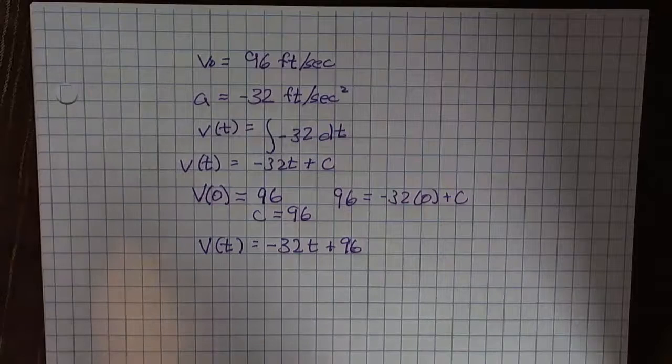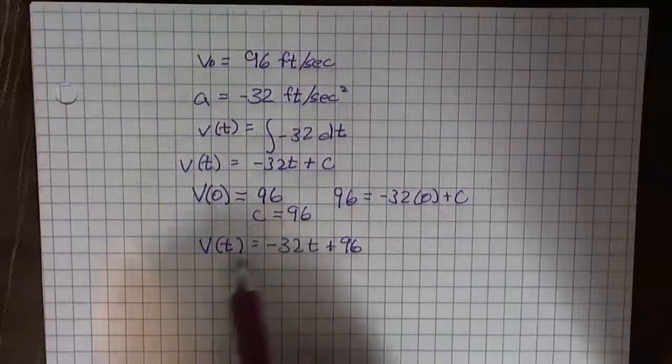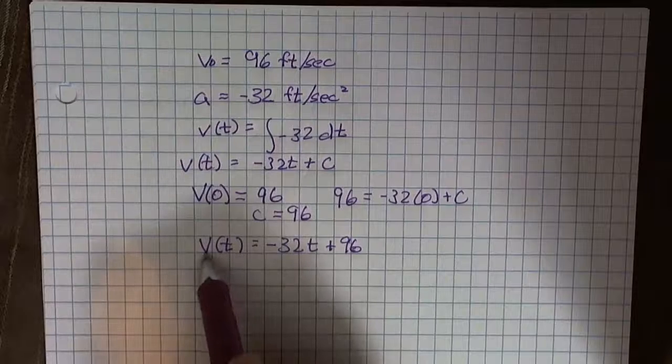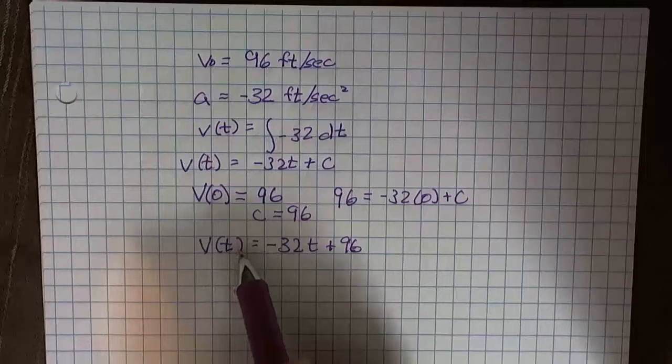Think back to when we were finding high points on curves: we would take the derivative and set it equal to 0 and get our critical numbers. Well, that's kind of what we're going to do here, because we've got the velocity, which is the derivative of the previous function, position, the height of the ball above the ground.